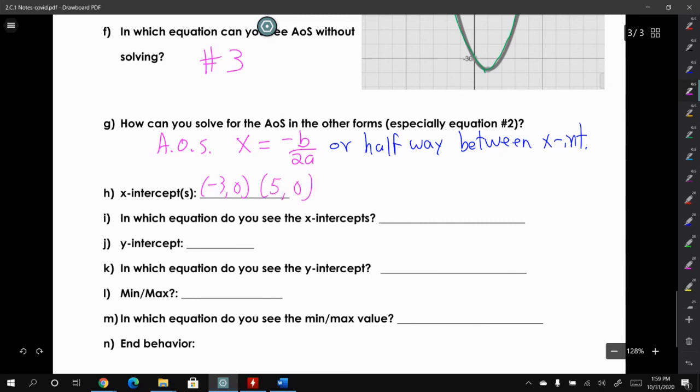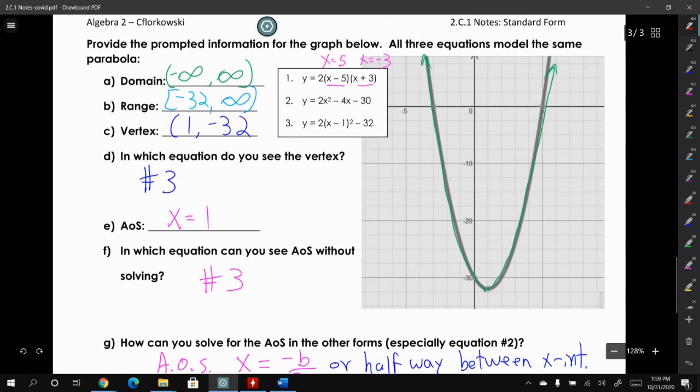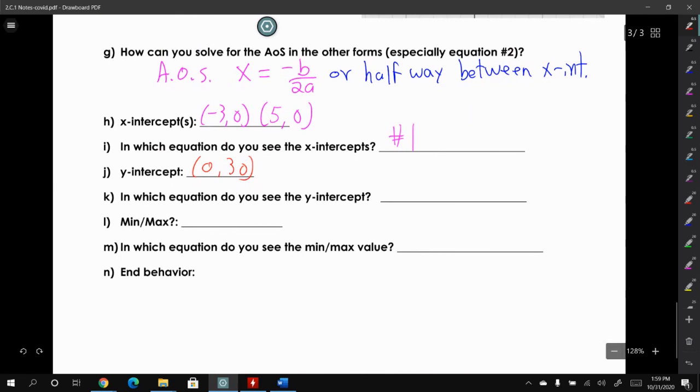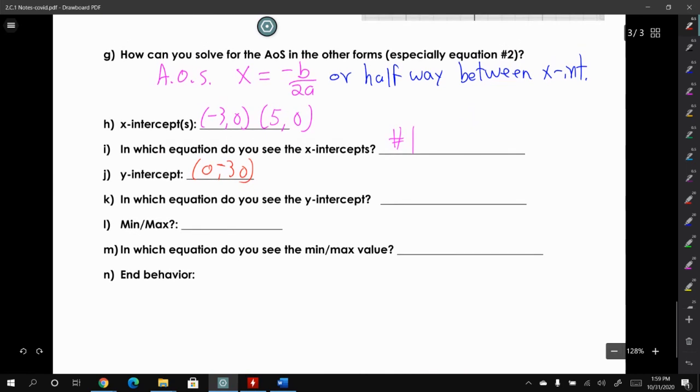And we got that from equation number 1. The y-intercept was (0, -30), and we get that from equation number 2, because we have -30 all by itself here. Oops, (0, -30). And that was equation number 2.